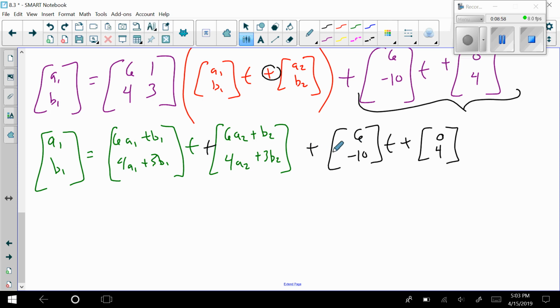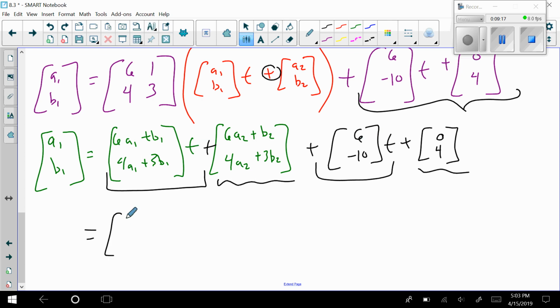A typical response would probably be to combine any of these things that have t's, such as these right here and here, and then leave or combine the things that don't have t's. So if I do that, that's 6a sub 1 plus b sub 1, that's with the t, plus 6t. So really I have 6a sub 1 plus b sub 1 plus 6.